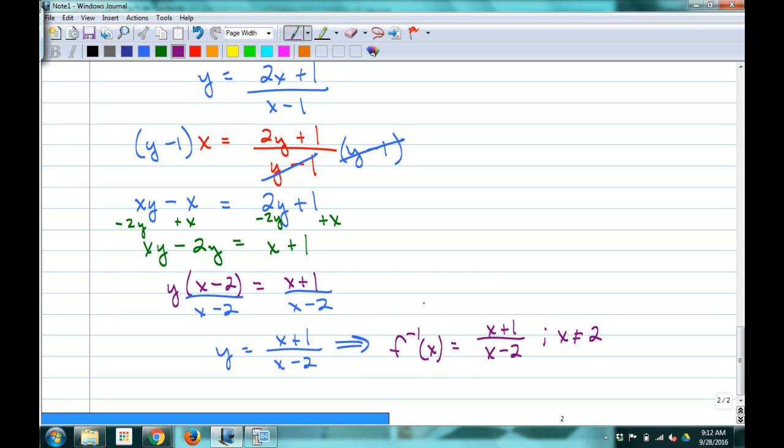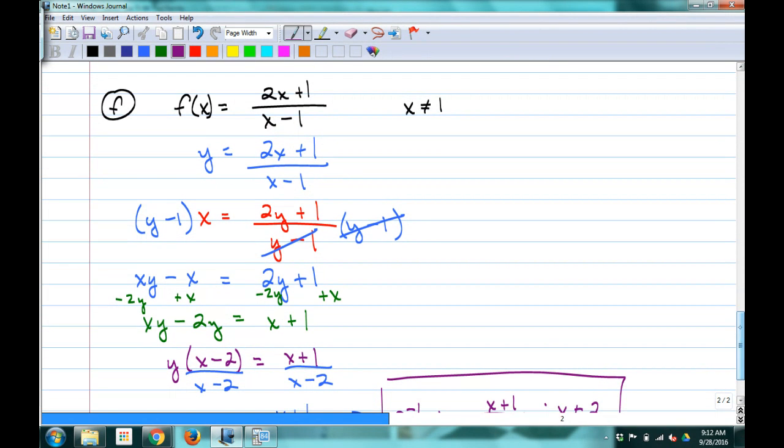Now, to tie that together, why is that 2 different from the 1 in the original function? What's the y value of the horizontal asymptote for this original function?